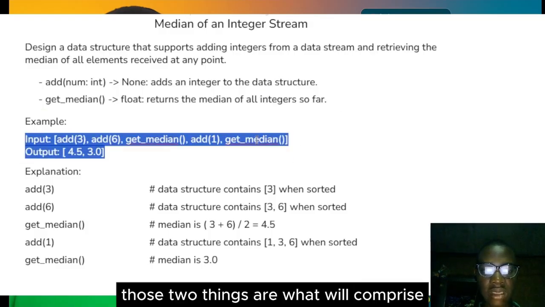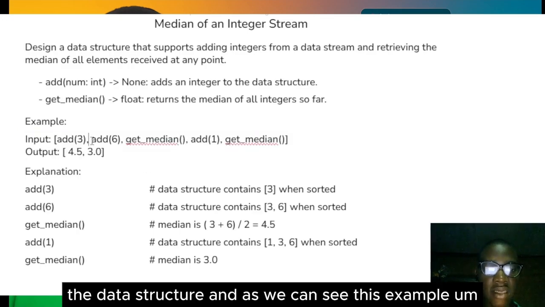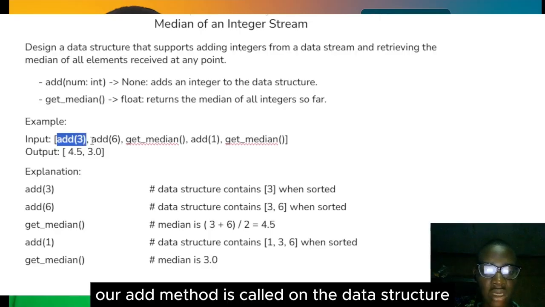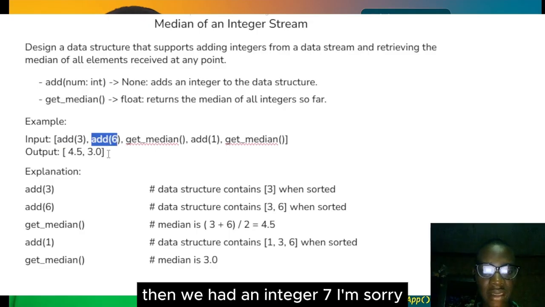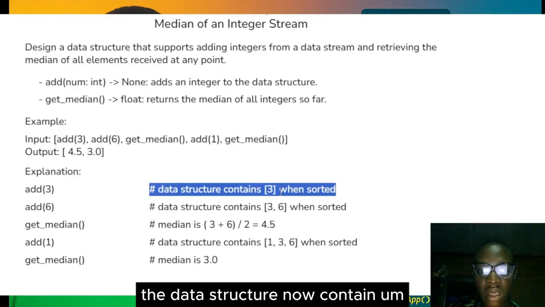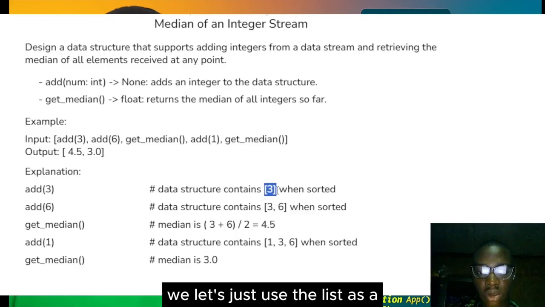So those two things are what will comprise the data structure. As we can see in this example, the add method is called on the data structure, and we're trying to add an integer 3, then we add an integer 6. After adding 3, the data structure contains, let's say, a list of 3. Let's just use the list as an analogy.